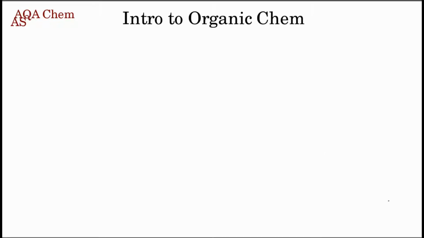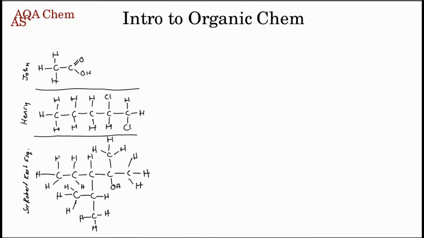Okay, so why don't we go on to naming some of these molecules? So, let's start naming drawn molecules, all in displayed form. So we start with John. Now John here, first of all, look for the functional group. What's the functional group of John? John's functional group is a carboxylic acid.